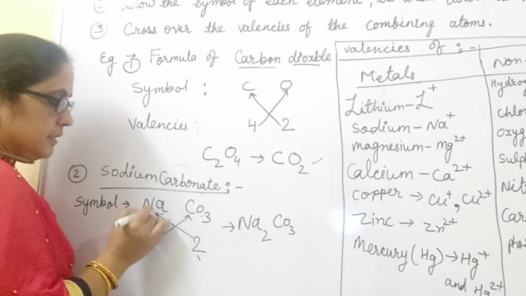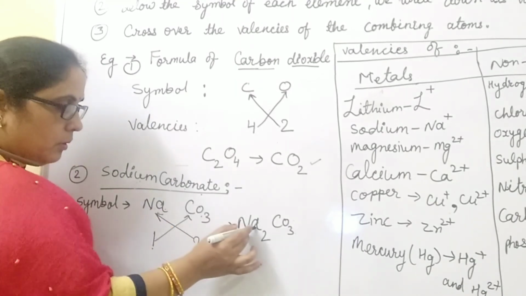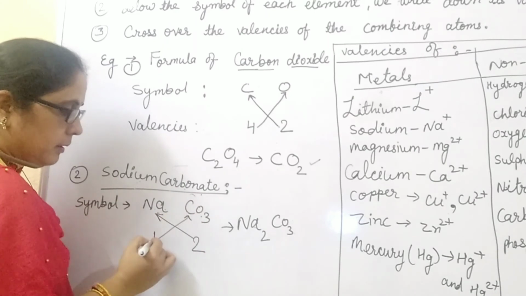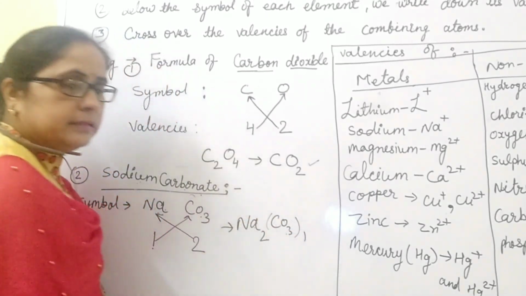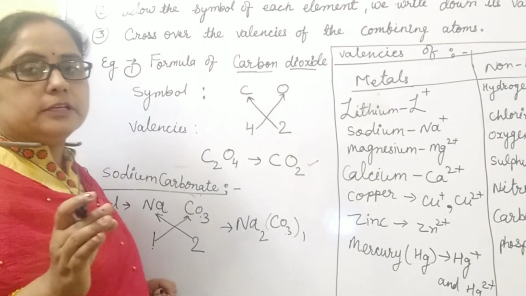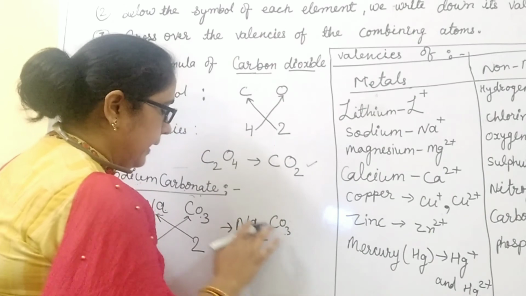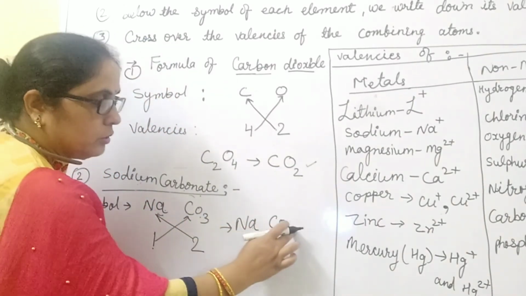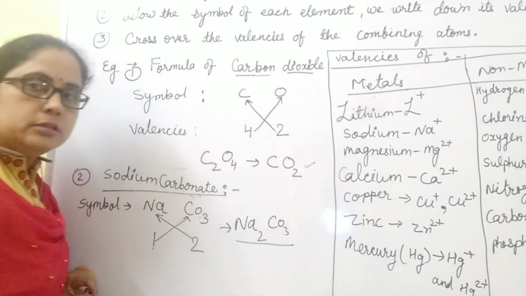Cross over the valency of these two and we get Na2 and the CO3 group contains 1. Here we can write 1, but there is no need to write 1. Only if it is more than 1, we write the number. So it is Na2CO3, and the formula of sodium carbonate is Na2CO3.